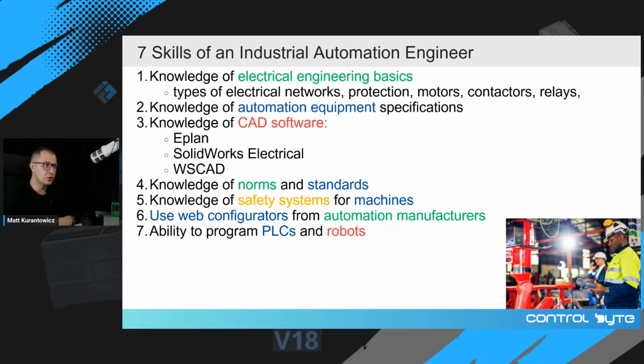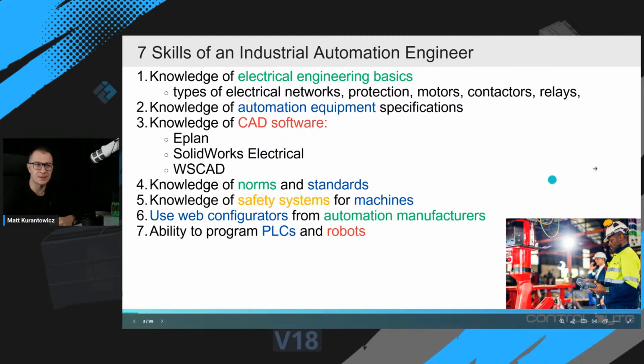Good engineers should have a knowledge of norms and standards and knowledge about safety systems for machines. Nowadays, in the AI era, you need to know how to use web configurators from the best automation manufacturers. In the end, after basics, you can start to program PLCs and even robots.